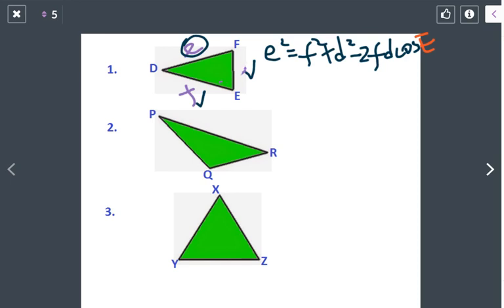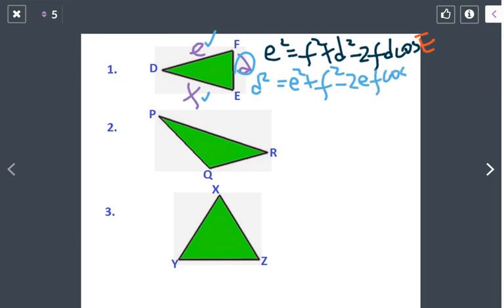Okay, let's do D squared then. I have D, here's F, here's E. Then you have D squared equals E squared plus F squared, then minus 2EF cosine D. Let's do one more.